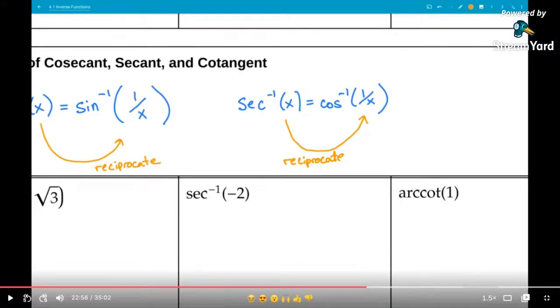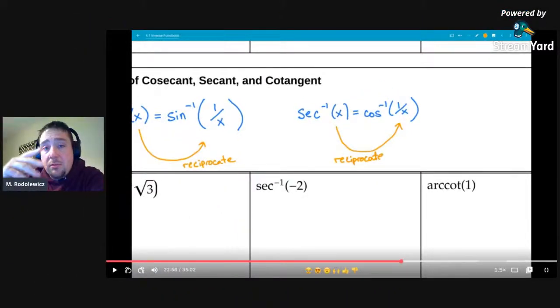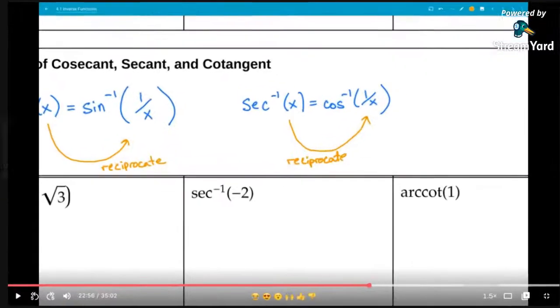The inverse secant of x is equal to the inverse cosine of 1 over x. Again, it's a shortcut trick here, but you're writing the reciprocal of secant as cosine, and you're also reciprocating the inner part of the inverse secant.